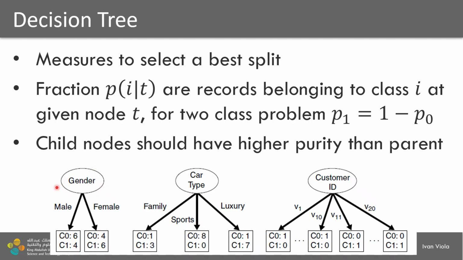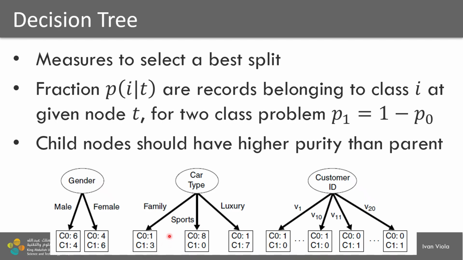So it was a highly impure node. Now, based on gender, we have slightly reduced the impurity because we do not have a 50-50 split, but 60-40 and 40-60, or 0.6 and 0.4 probability, but this is not a very good split.